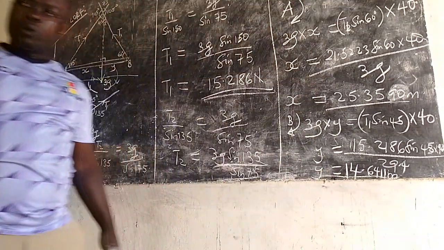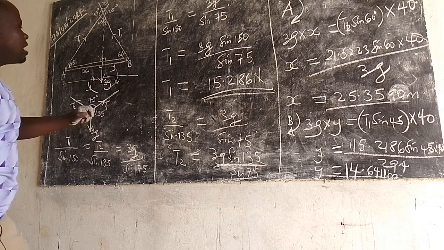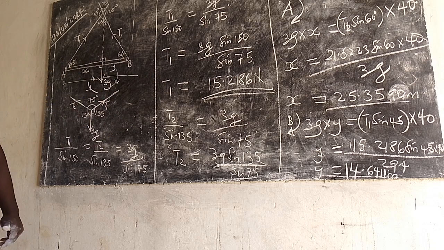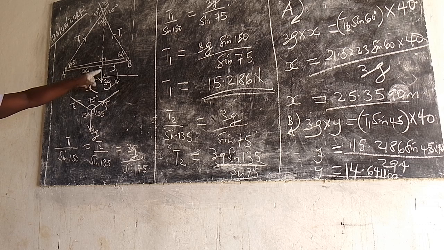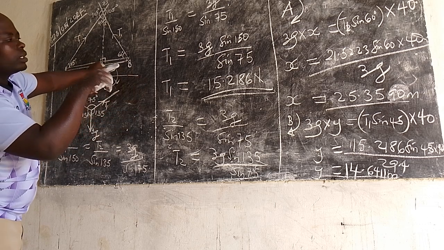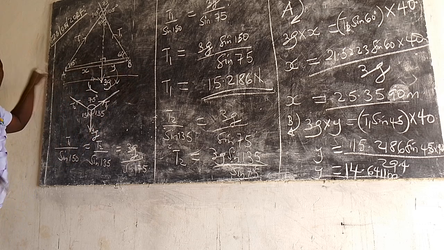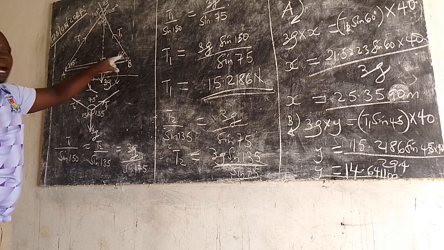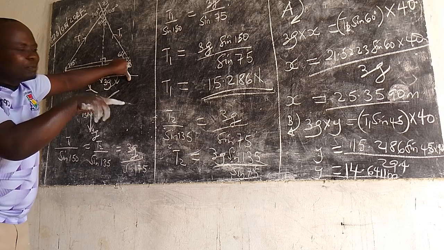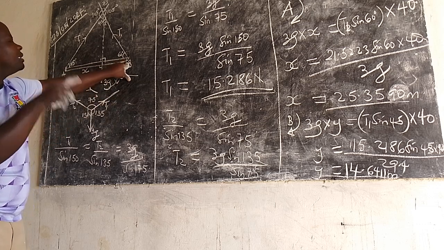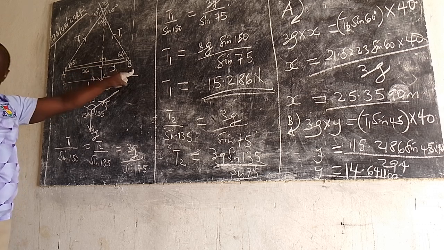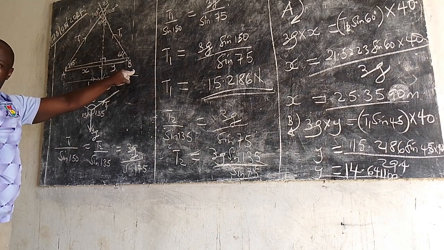Now, the conclusion matters. You see here, we are getting different answers. Therefore, the center of gravity is at a distance 25.3490 from A, or at a distance 14.6411 meters from B. That's the answer.